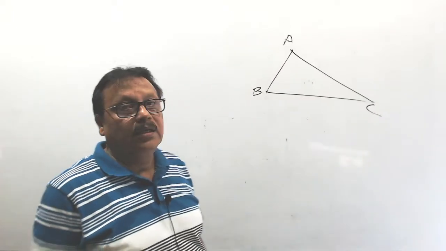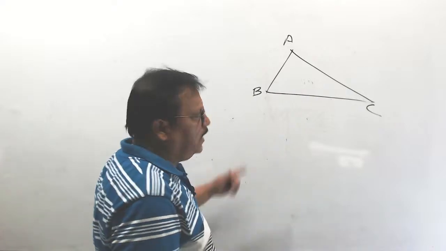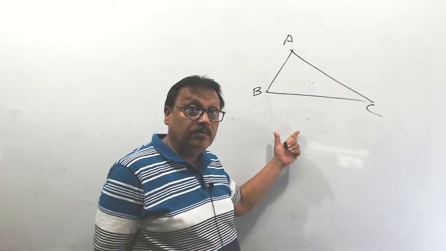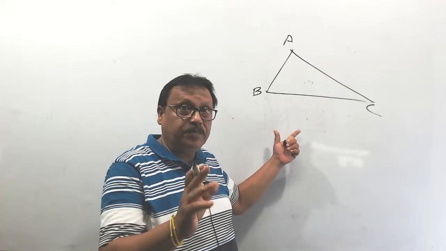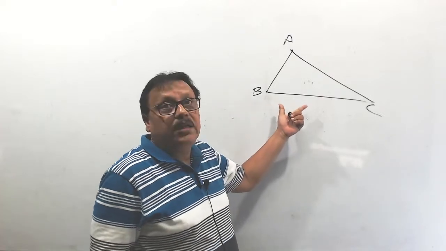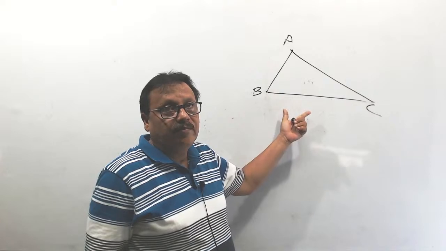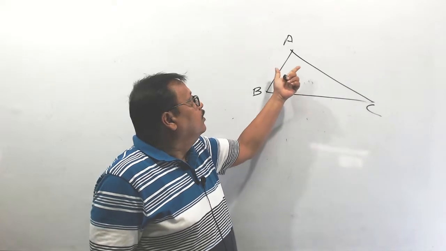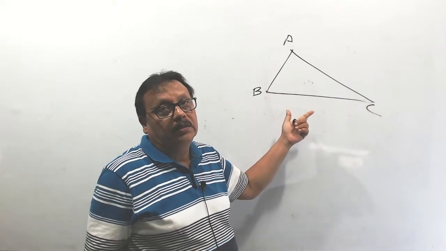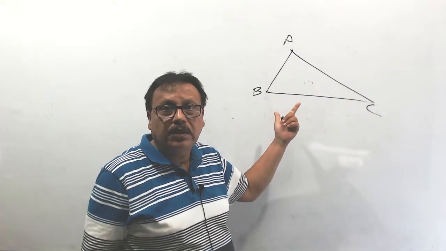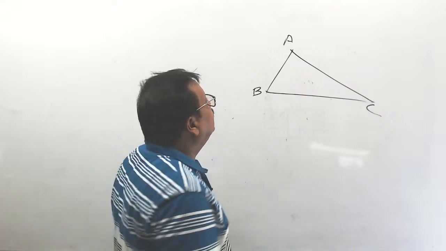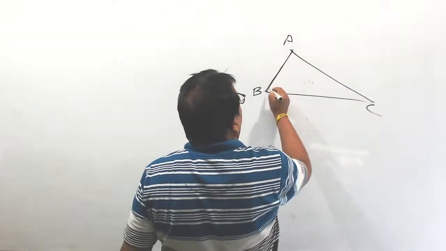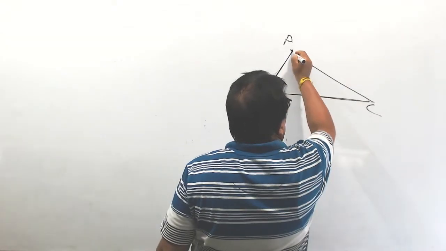This is a scalene triangle, which we already learned in the first class of this chapter. Scalene triangle means three sides are not equal, and of course three angles are not equal. Three sides and three angles: side AB, side BC, and side CA.